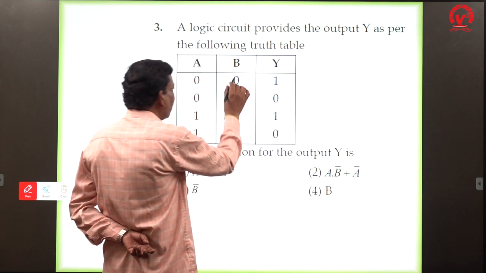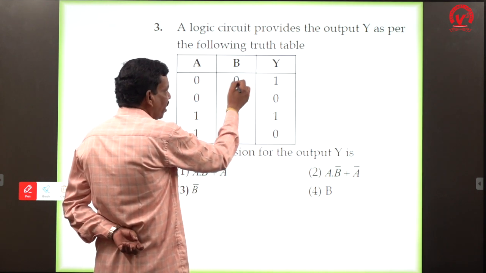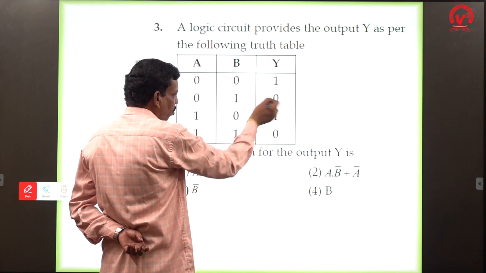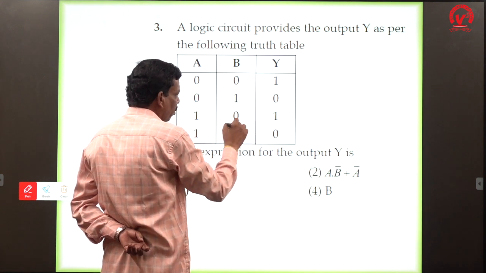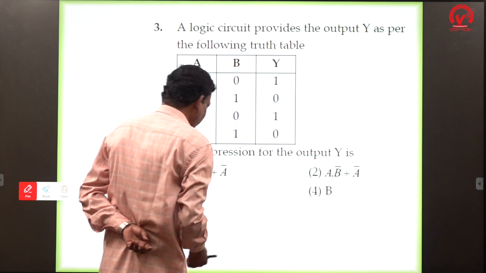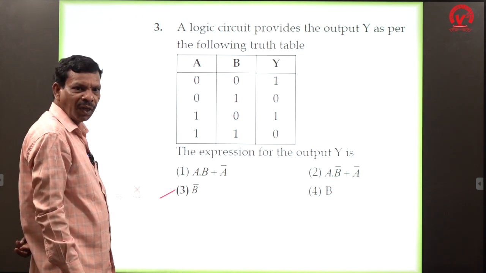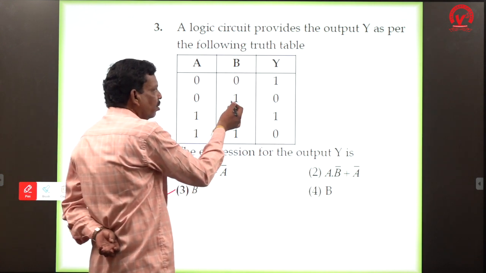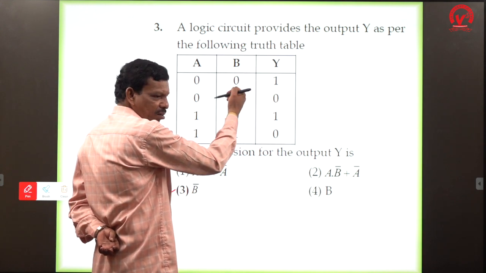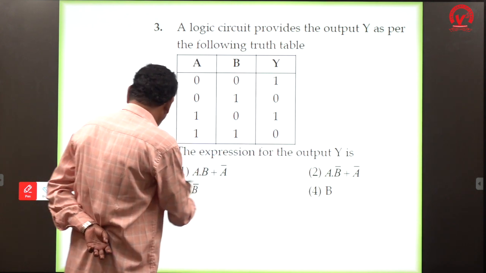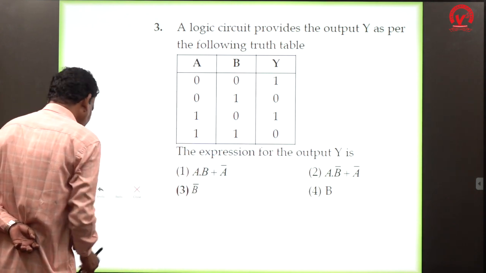So let's see, here B is 0. Its negation is 1. 1, 0. Again 0, 1, 1, 0. That means output Y is nothing but B bar. Here 0, 1: 1 negation is 0, 0 negation is 1, 1 negation is 0. So option number 3 is the correct answer.